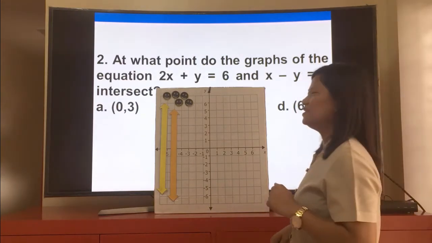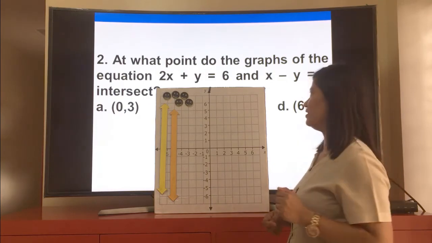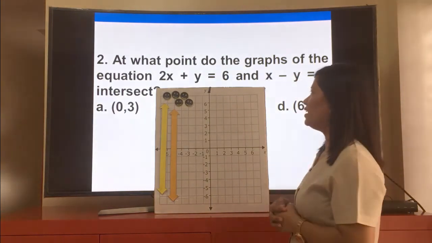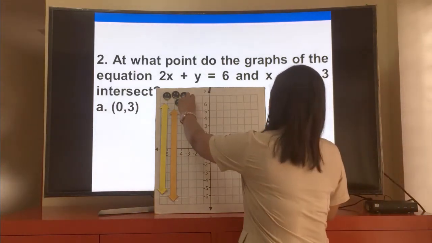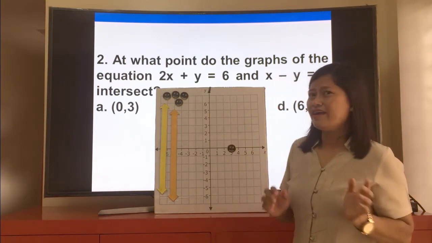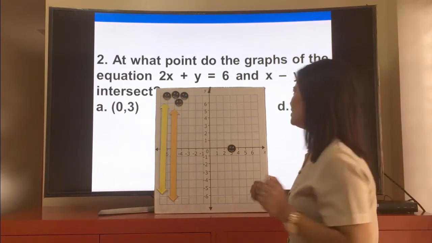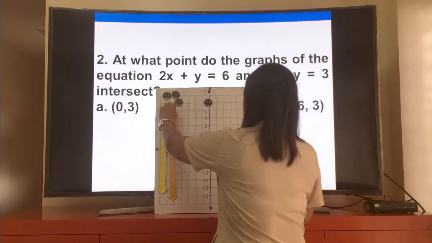Let's check. So we will use the x and y intercepts in graphing. In equation 1, when y is 0, what is x? It is 3. So plot 3, 0. Next, when x is 0, what is y? It is 6. So plot 0, 6. Connect the 2 points.